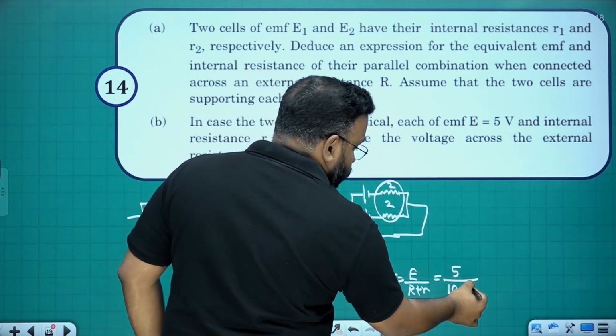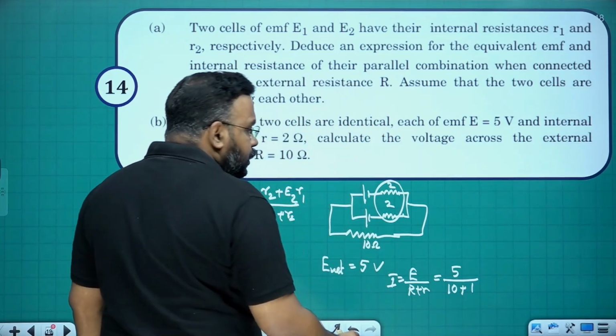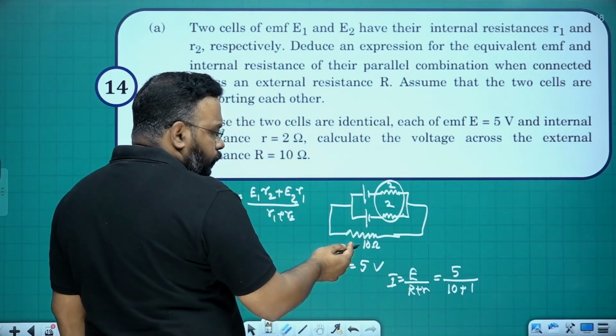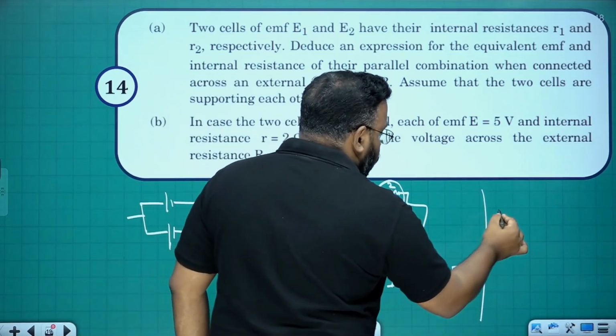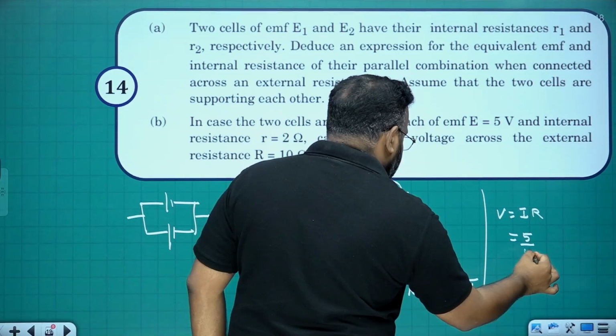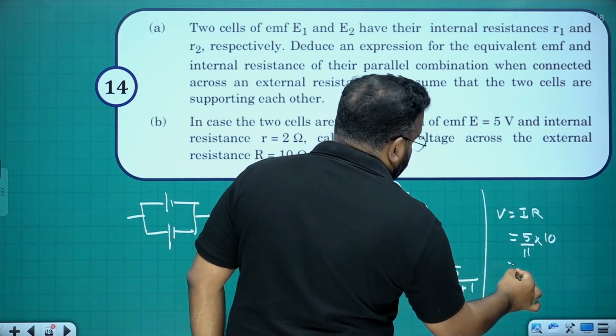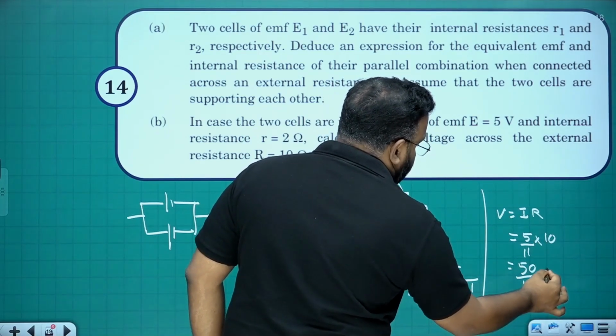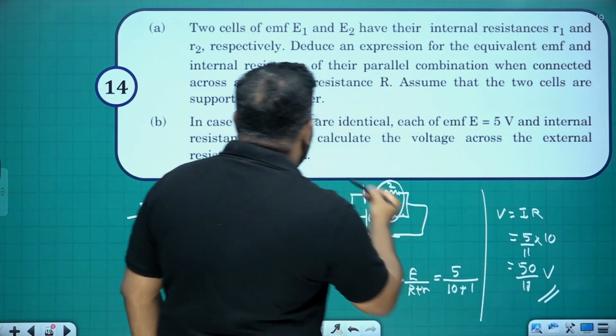So 2 by 2 means we get 1. So this is I, and they are asking voltage. So we can write V is equal to I into R, that is 5 by 11 into 10, which is equal to 50 by 11 volt. This is the answer for the second part.